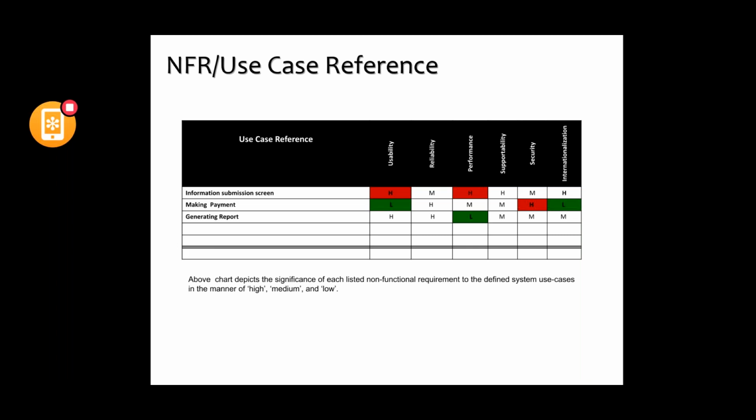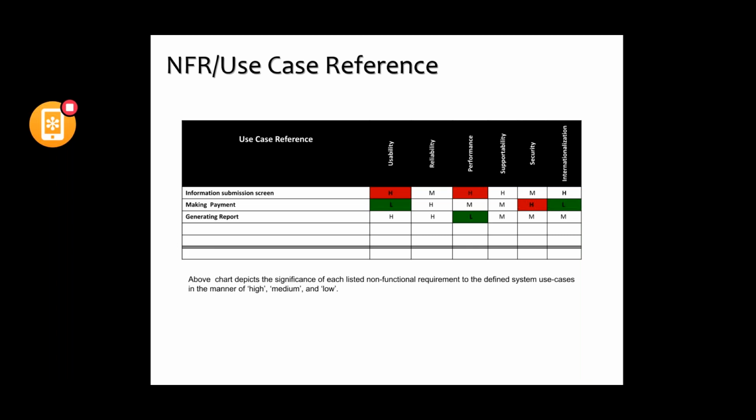You'll lose your business, right? So with regards to the information submission screen, usability is very important, performance is very important, and the other requirements may be important but not as much. So for this screen, we make sure we handle these non-functional requirements properly.